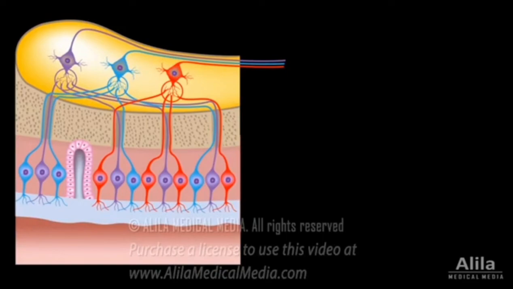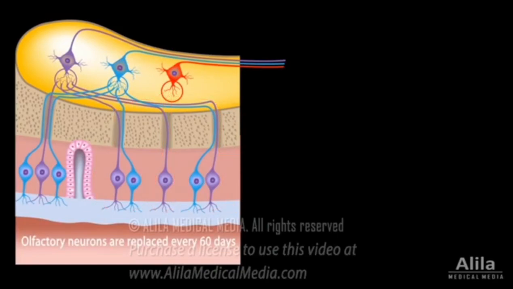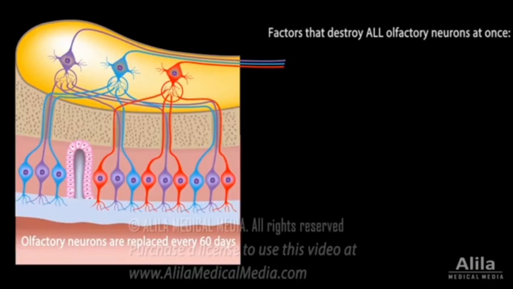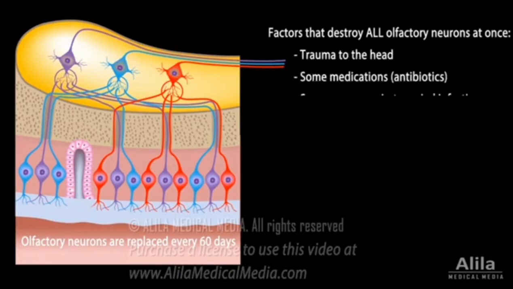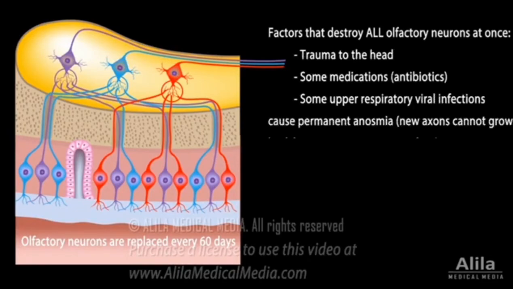Because olfactory neurons are exposed directly to the noxious external environment, they are replaced more often than other neurons. Stem cells in the epithelium differentiate into new olfactory neurons, whose axons grow along the existing axons to the olfactory bulb. Any factors that destroy all olfactory neurons at once would result in a permanent loss of the sense of smell, a condition known as anosmia.